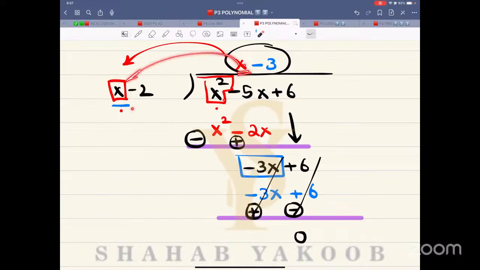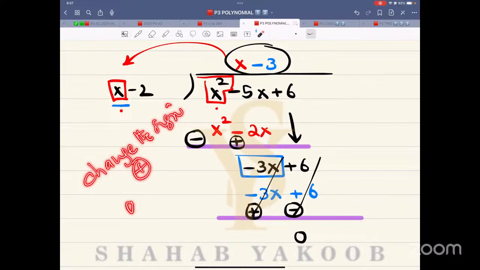Now multiply x with this, and write it down. Change the sign and add. So when I use the term change the sign and add, it means subtract. Got the idea? So change the sign and add, it means subtract.